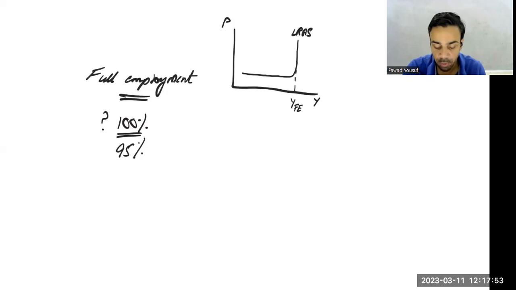The thing is, there's a problem here. 100% would mean that if there is an increase in the demand for labor, there is nobody available. Everybody is working. Now, how is a new business supposed to get labor?